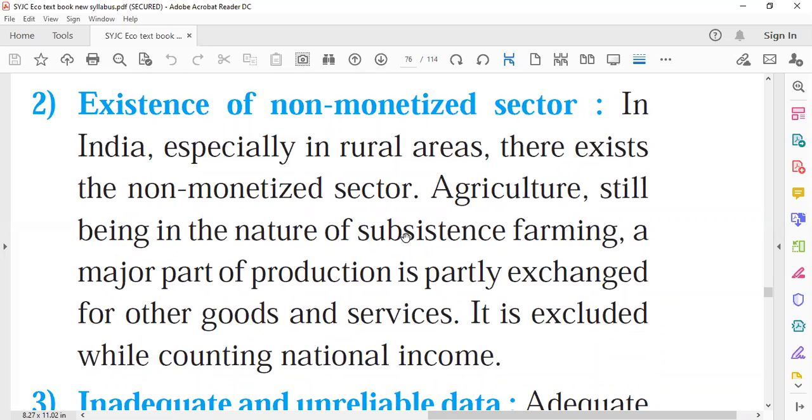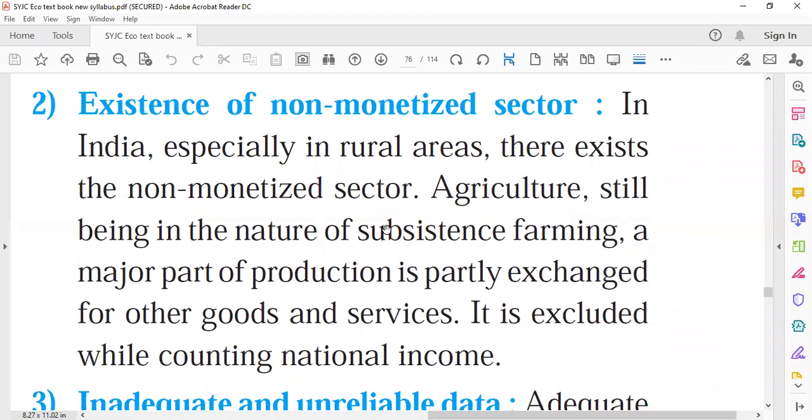Now, another difficulty that we are facing here is the existence of a non-monetized sector. Non-monetized sector means what? Where the transactions are made without any payment.